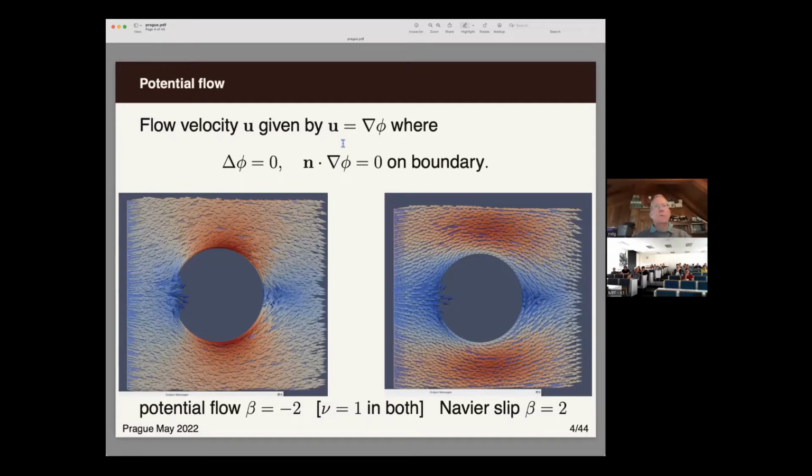And the velocity of the flow is given by the gradient of the potential. And that potential is harmonic. And it has the normal derivative equal to 0 on the boundary. And that gives you this very pretty picture here. This is flow around a cylinder, potential flow around a cylinder, and that's where the paradox lies.